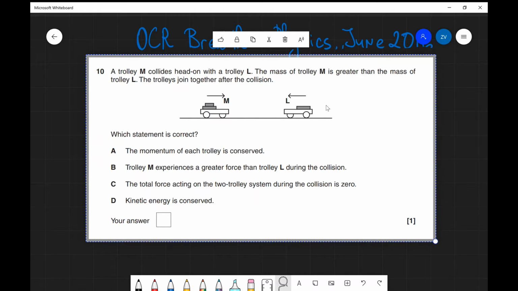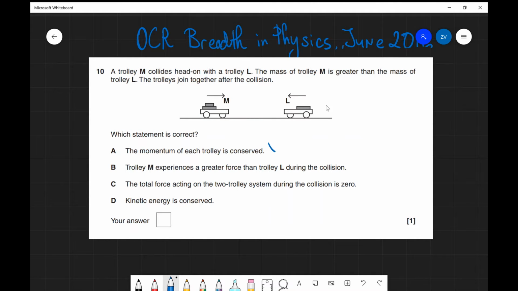Which statement is correct? A, the momentum of each trolley is conserved. Well, this is not correct. The reason for that is that only total momentum is conserved. So the individual momentum is not conserved, only the total momentum in a system.